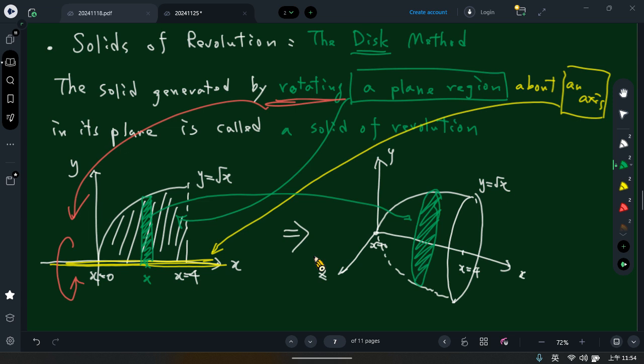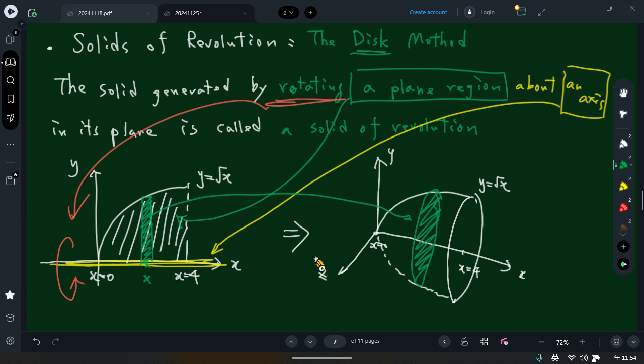Different x can cause different cutting results. Here it vanishes as a point, right? But as x is increasing, you can see the cutting result becomes bigger and bigger because it's an increasing function. So the radius will become bigger and bigger.